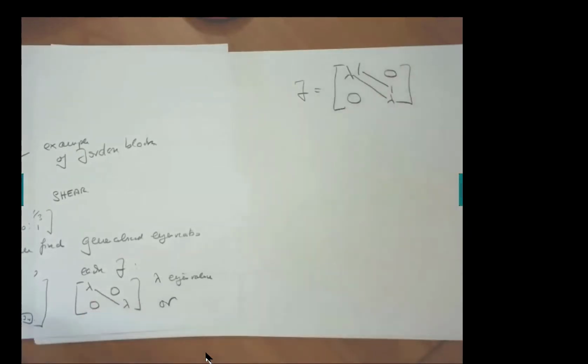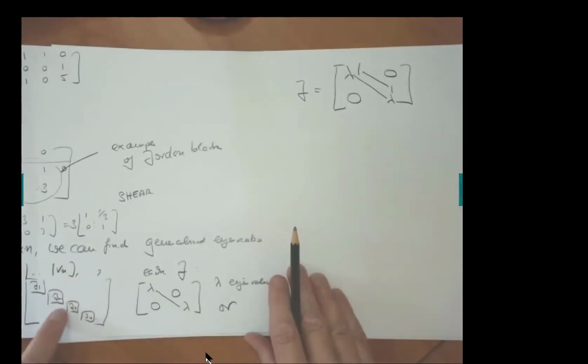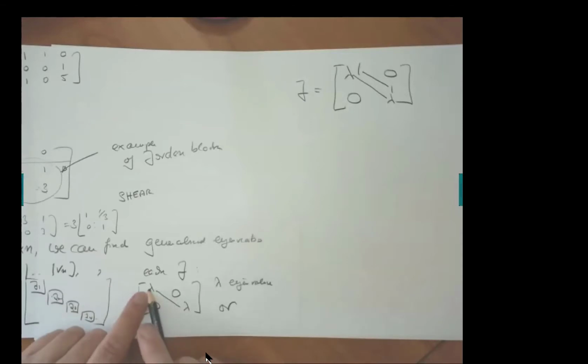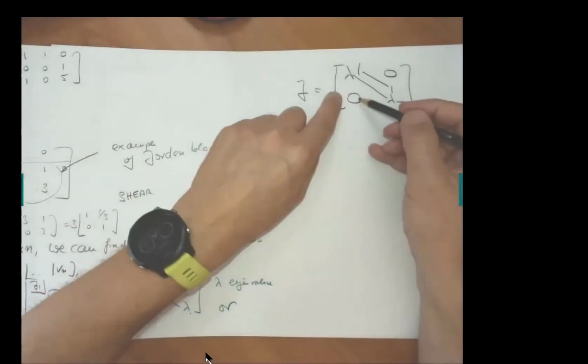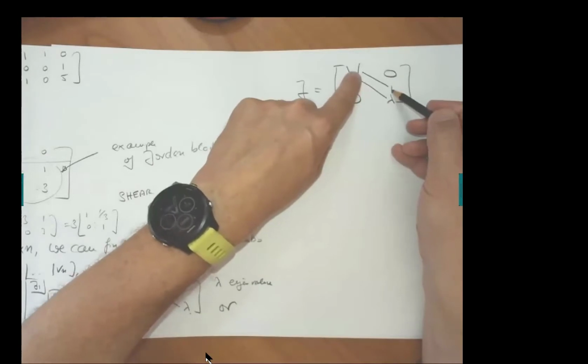So each block along the diagonal either has eigenvalues along the diagonal, that's what we have seen until now, or it has eigenvalues along the diagonal and 1s on top.